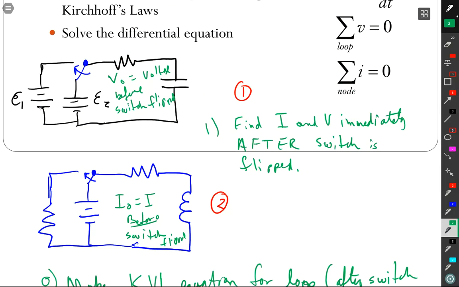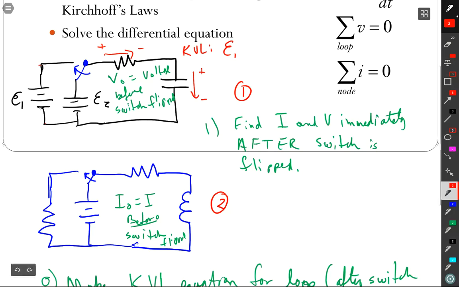So for this upper one, after the switch is flipped, you're going to have E1 connected, right? And so if I make a Kirchhoff's voltage law equation, I'm going to start here and go up E1, have my current like that. We use the same sign convention for capacitors and inductors as we do for resistors.